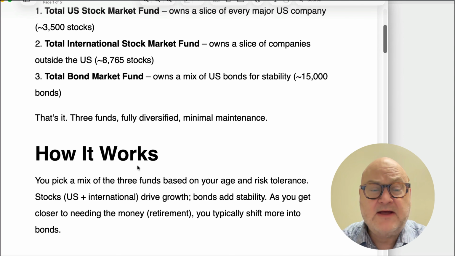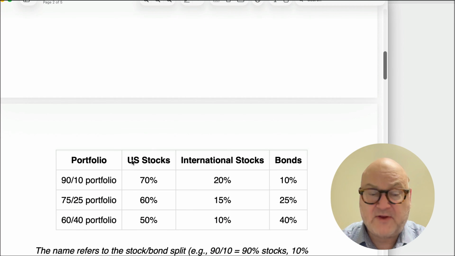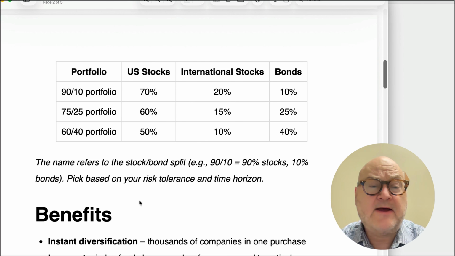So let me show you how we can think about these portfolios. Now, I've just set up 3 portfolios, and I call them 90-10, 75-25, and 60-40. What this means is the 90 is how much stock is in your portfolio. So U.S. stock, 70%. International stocks, 20%.